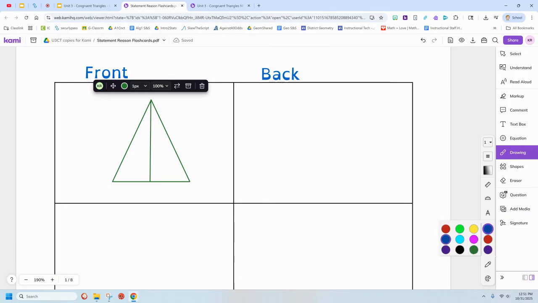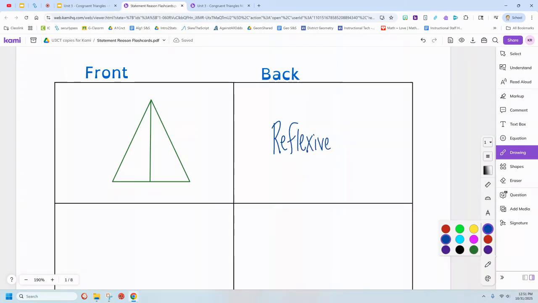Do I put the X through it? So pause. Now this is where you get to personalize your card. What's going to help you? Definitely on the back, I am going to write reflexive property. I should probably put the word property for those people that are not here. Now, it's totally up to you. I probably would put the X on the front. Maybe I even do something like this, I think we had an L and an M, right?